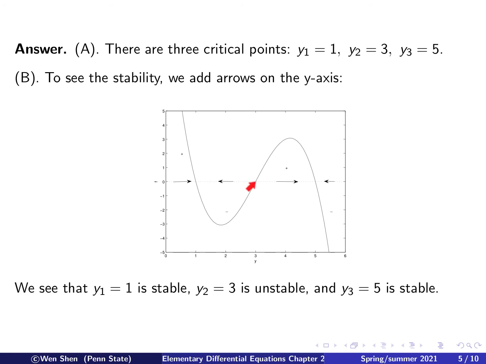This means if you have a little perturbation, say the solution goes a bit to the left, it does not return, it will keep going more to the left. Or if you perturb it a little bit to the right, the solution does not return to the equilibrium, and it will increase and go away. So we see that this critical point here is unstable.